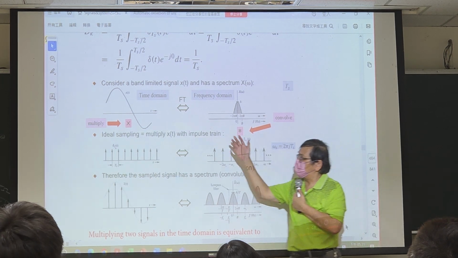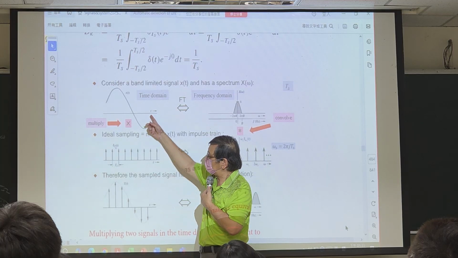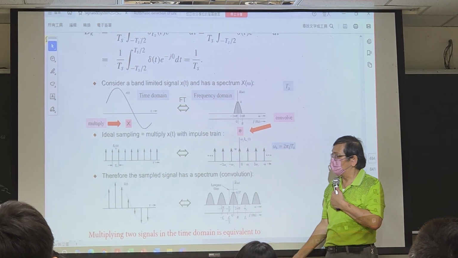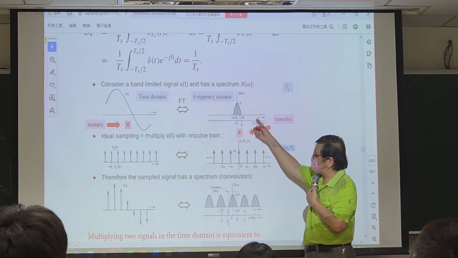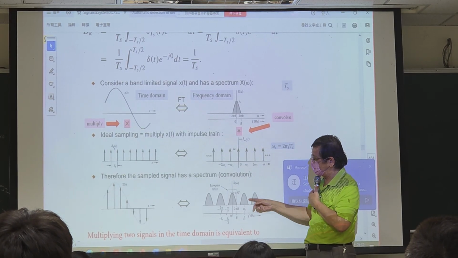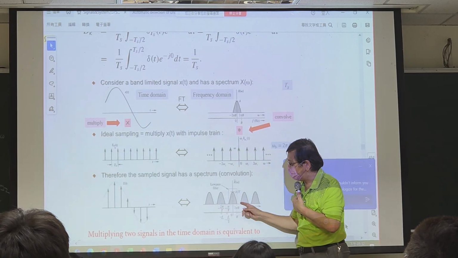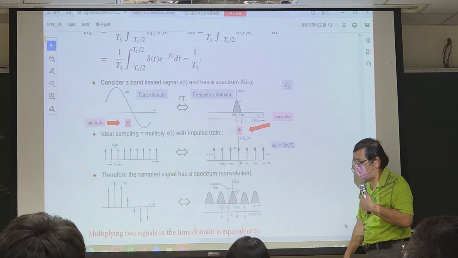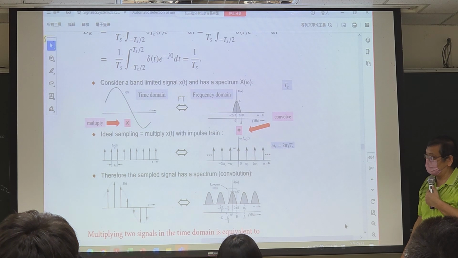Again, in the time domain, the output is the product of the two functions, and in the frequency domain, the output is the convolution of the two functions. That's why we have so many humps. Actually, they are unwanted. We don't want them, but they just come out of the sampling process.